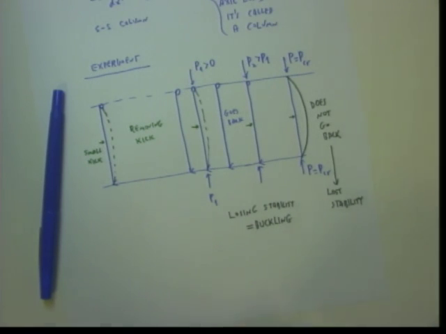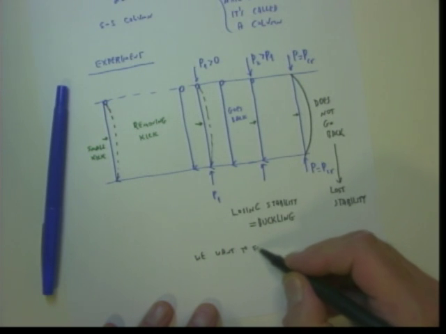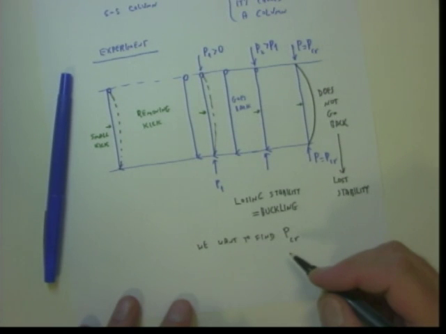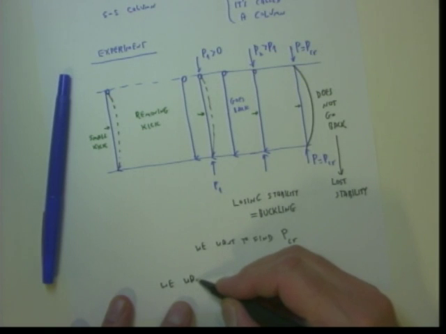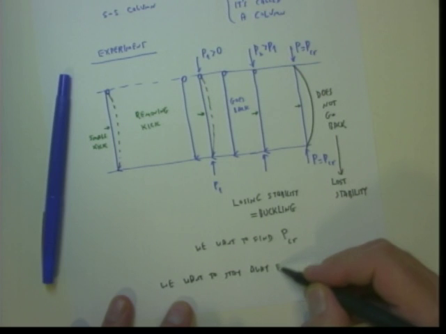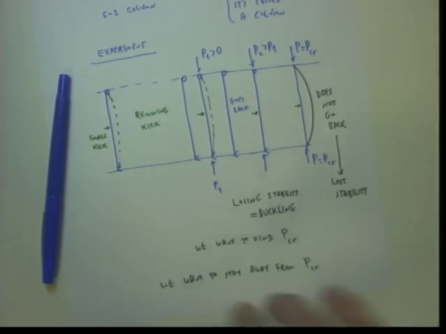Okay, so we want to find this P critical. Why do we want to find it? We know that we want to stay away from P critical. Why? Because at this point, if there is some small kick, then the system actually never comes back to its original equilibrium position.